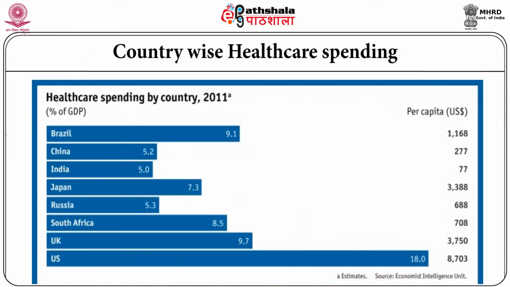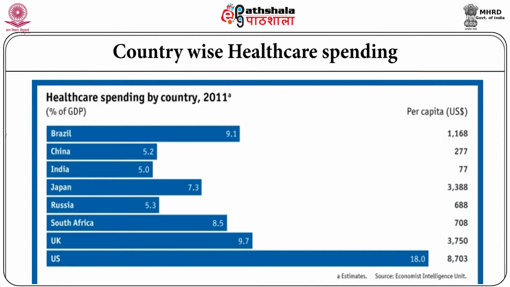In our country, and not only in our country but worldwide, there are figures which show healthcare spending by each country. This chart shows the importance of healthcare in each of these countries and how much they are willing to put into it.